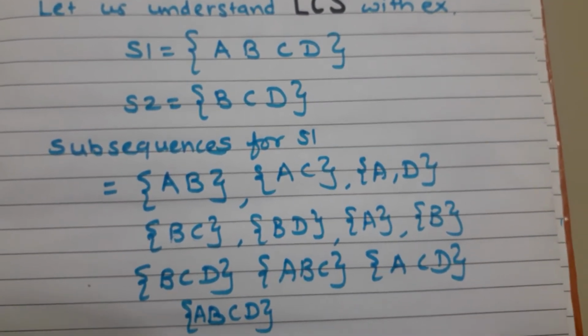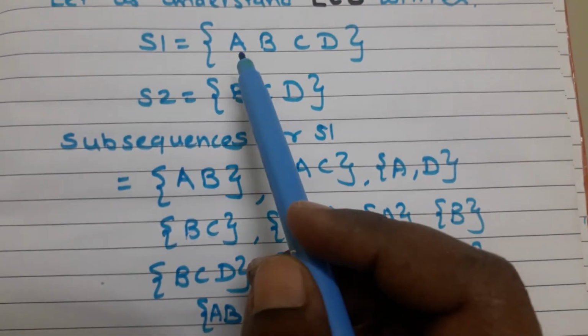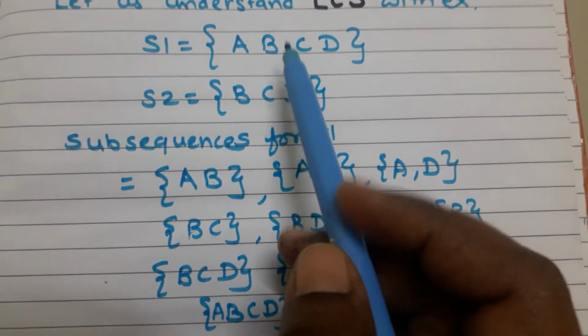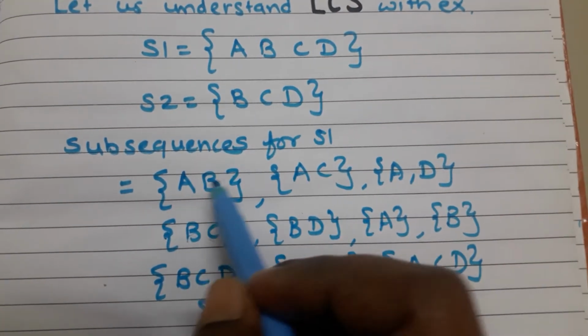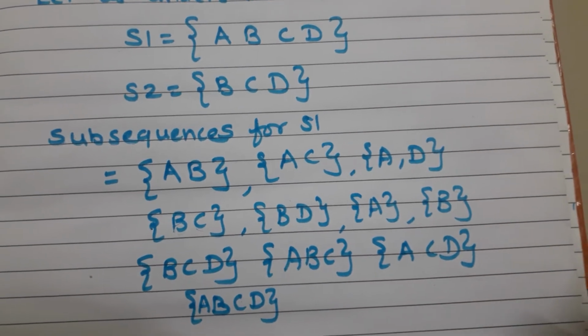Now understand one more thing: here AB is our subsequence, but we cannot write BA.